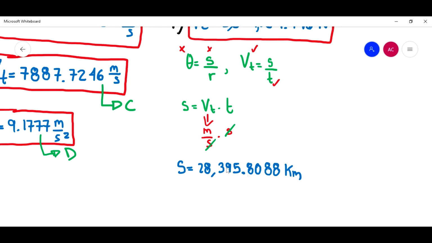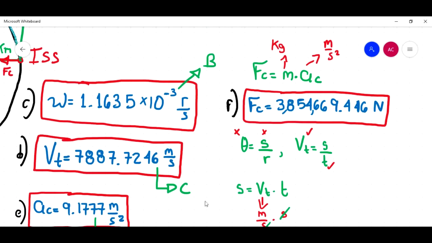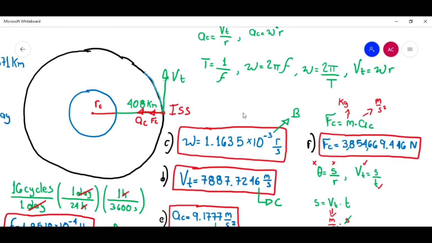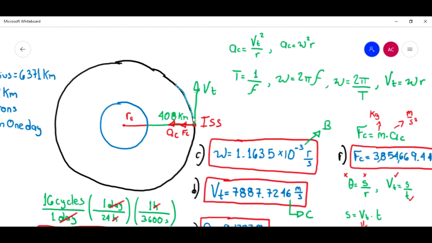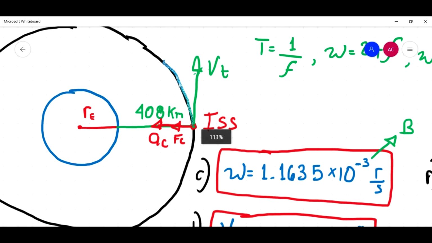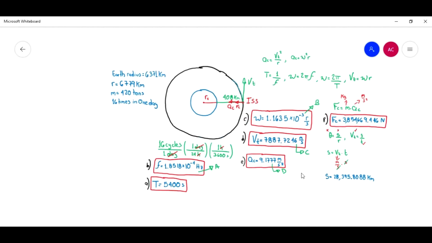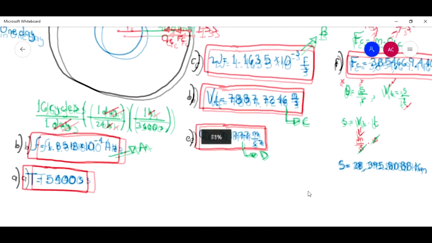Remember that that distance is the linear distance. They are not the radians. It is the distance around over here. Okay, it's not a distance measured in degrees or radians. It's a distance measured in meters. Oh, in this case, meters and kilometers. Okay, so this is the last problem of uniform circular motion.